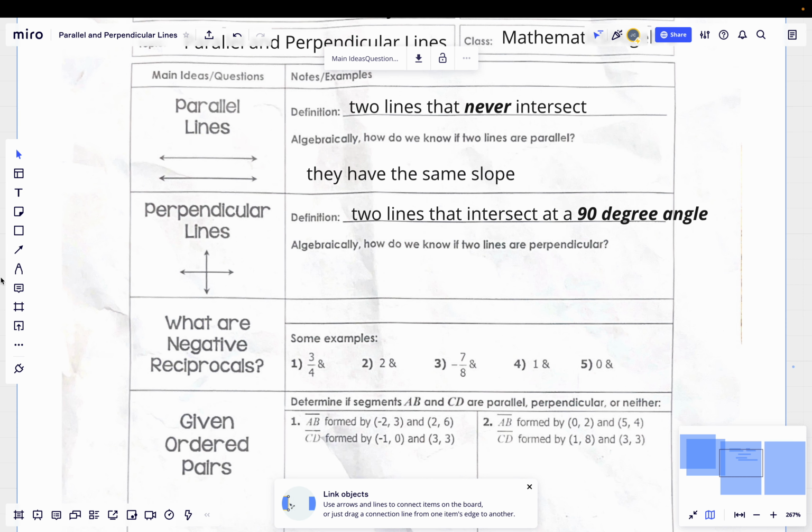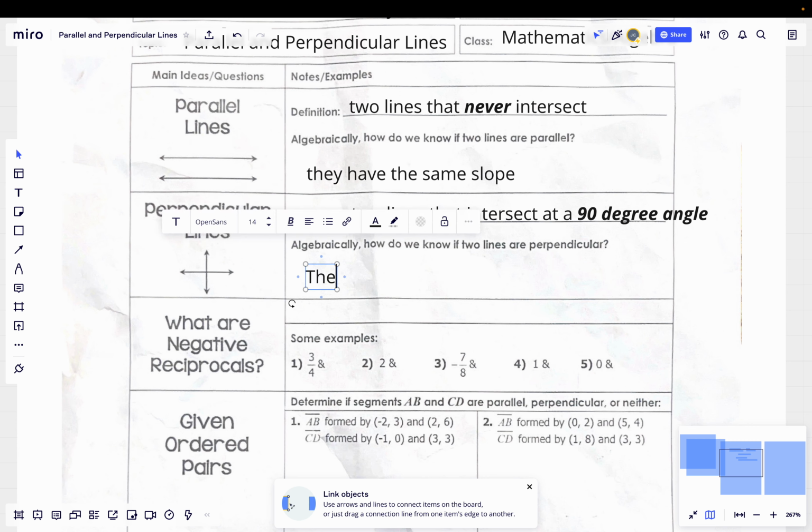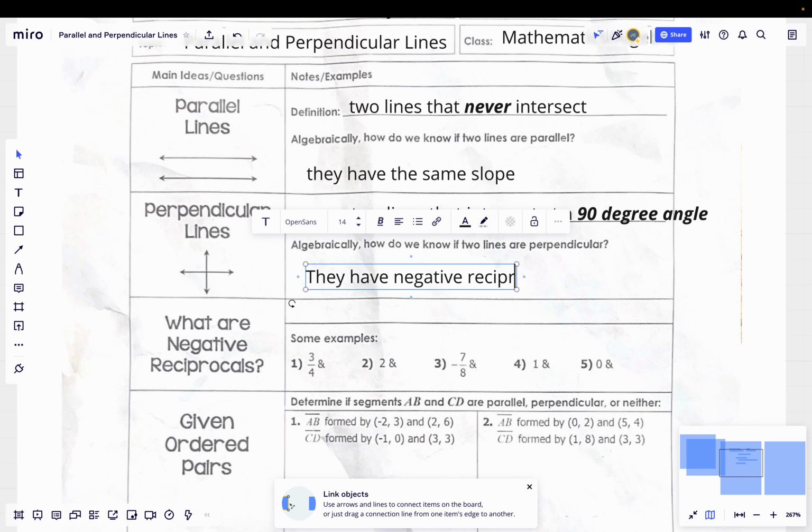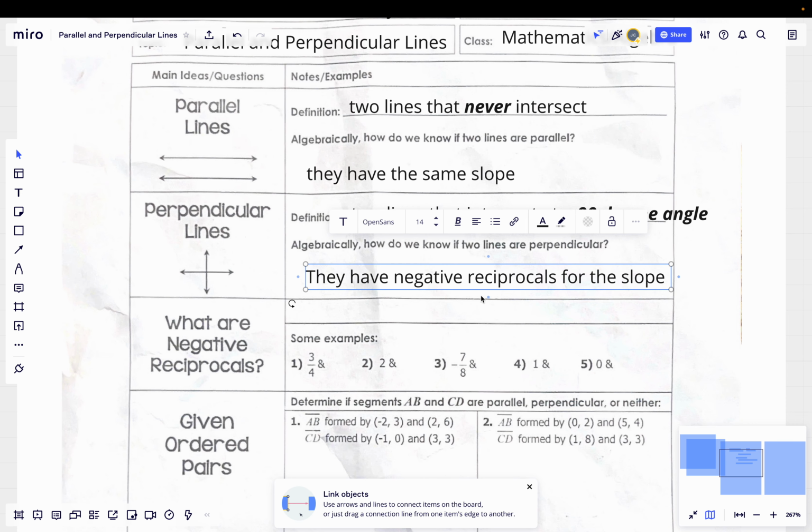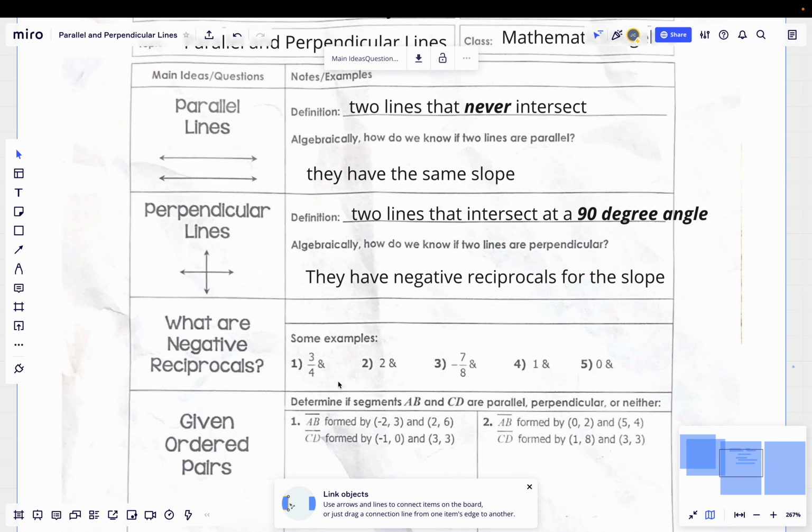And we know that two lines are perpendicular if they have negative reciprocals for the slope. So what is a negative reciprocal?